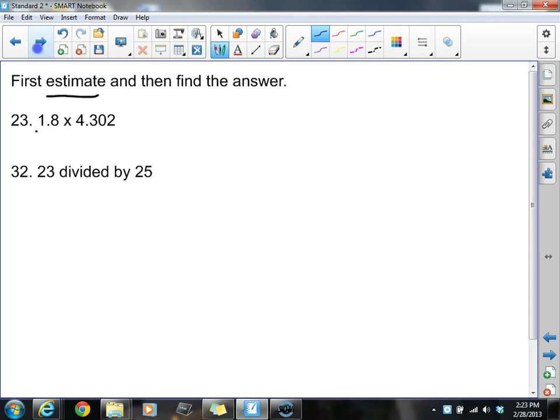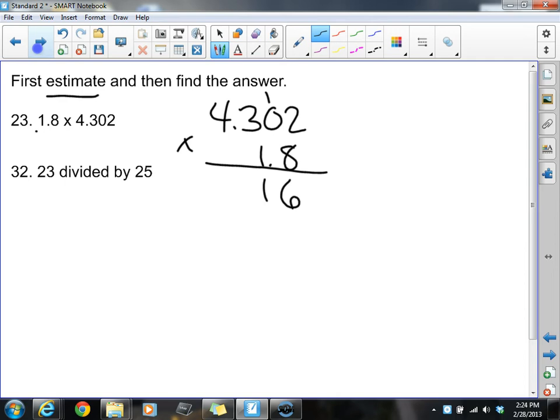So it'll look like this. I'll put the bigger looking number up top. So 4 and 302 thousandths times 1.8, or 1 and 8 tenths. Now, with multiplication, we do not have to line up the decimals. So now we're just going to multiply. So it's 16, 24, 32, 33, 34, 34.